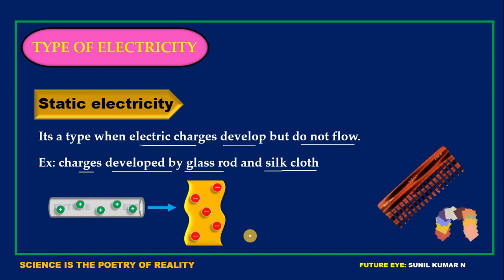Yes. Take a comb and pieces of paper, comb your hair well and bring the comb near the pieces of paper. The comb attracts the pieces of paper, and after some time all the papers fall down because there also electric charges develop but do not flow. This is static electricity.